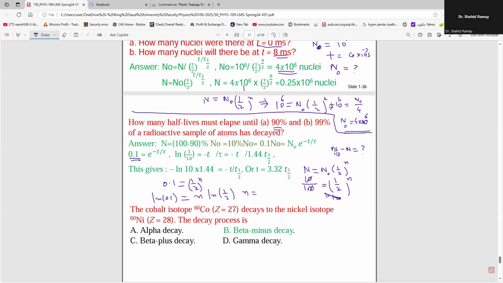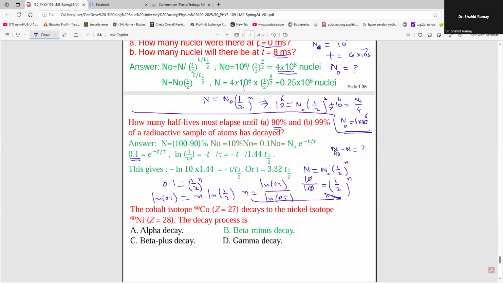So n is equal to ln 0.1 divided by ln 0.5, since 1 over 2 is 0.5.